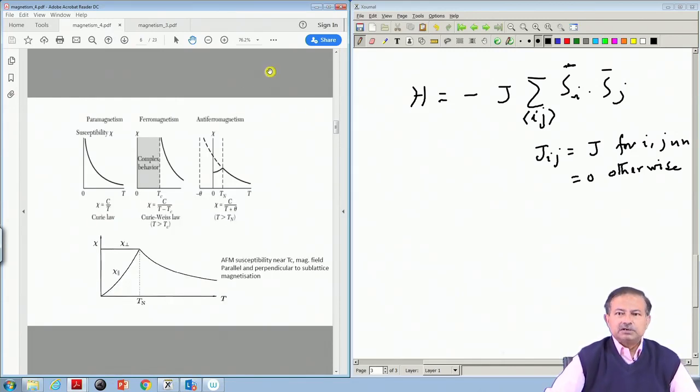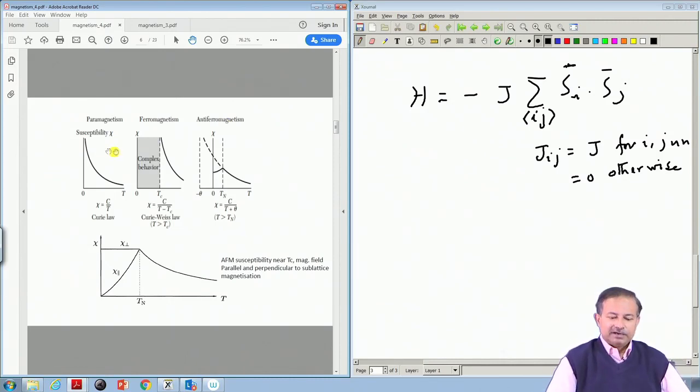The way one determines if something is a paramagnet or ferromagnet is, of course, one, you can do neutron scattering and then actually look at the magnetic structure locally. The other one is that you can even use susceptibility. See, neutron scattering requires you to go to a reactor, and not for everything you go there. If you can determine it without going to a reactor, that is fine. So, susceptibility, for example, tells you a lot.